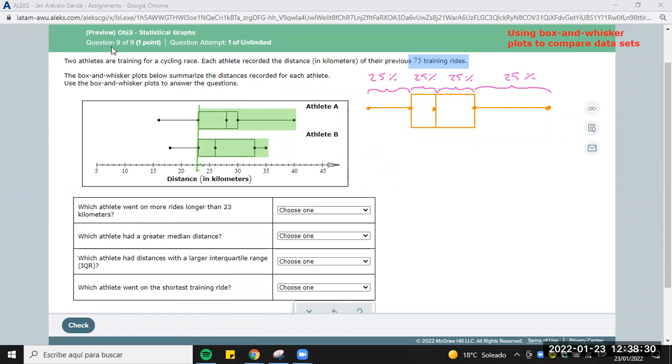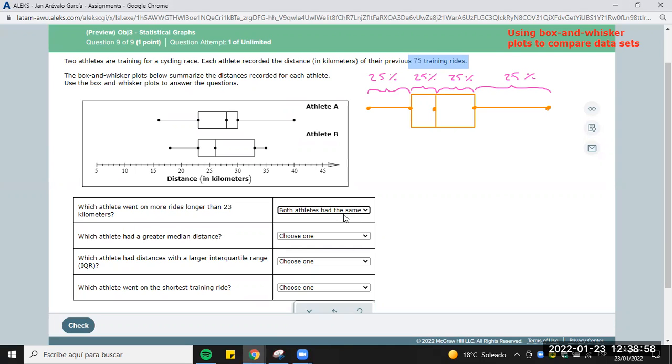This is their 75%. So since they have the same amount of training rides, that 75% represents the same number, right? So in this case, the answer will be that they both have the same amount of rides longer than 23 kilometers.